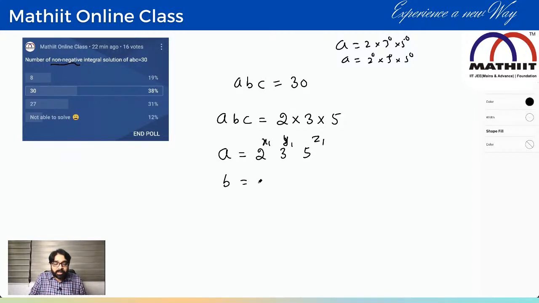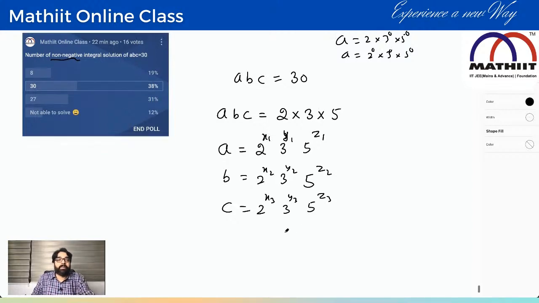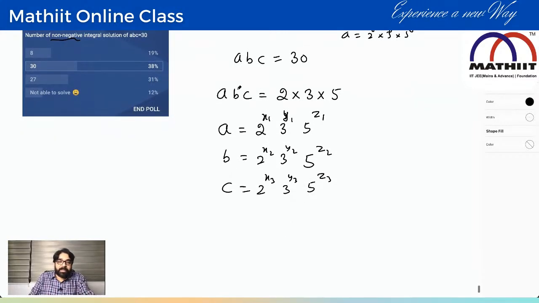B can be what? 2 power x2, 3 power y2, 5 power z2. C can be what? 2 power x3, 3 power y3, 5 power z3. Am I right? Now, we put A here.